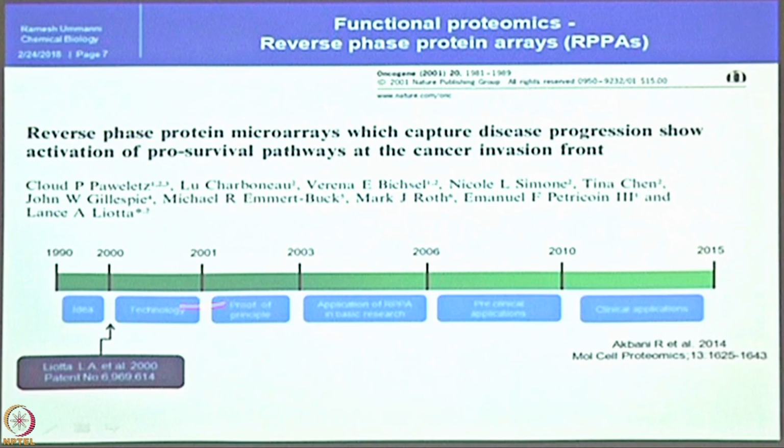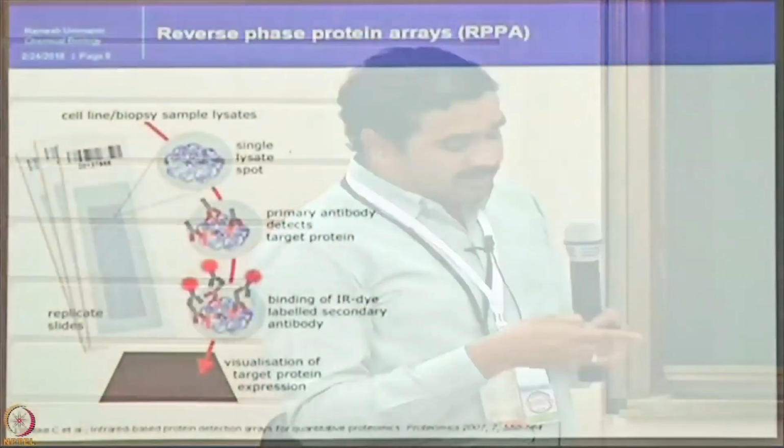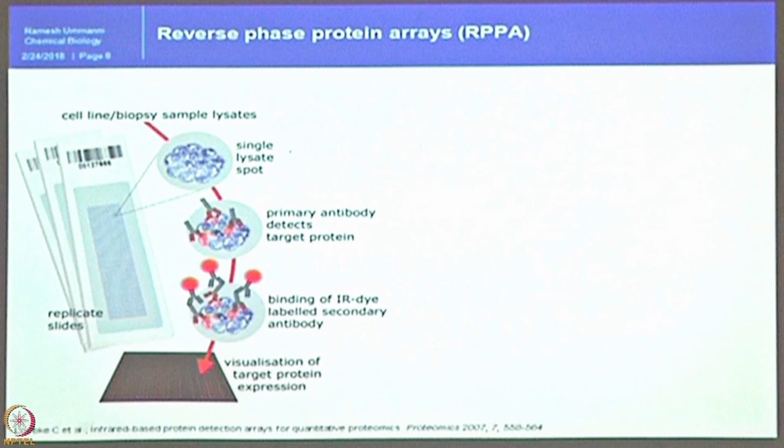Finally, it came to light in 2001 after proof of concept. Further, it is progressing. Now in 2015, people announced that this can go into the clinic towards personalized medicine. I will try to convince you how it can be used in personalized medicine, and obviously it requires overcoming a lot of technical challenges.